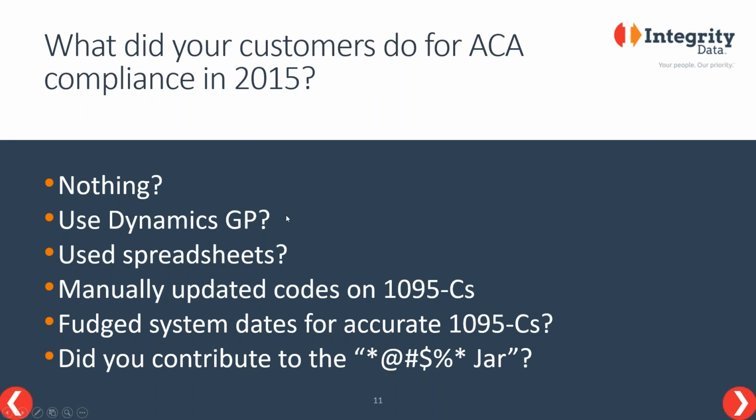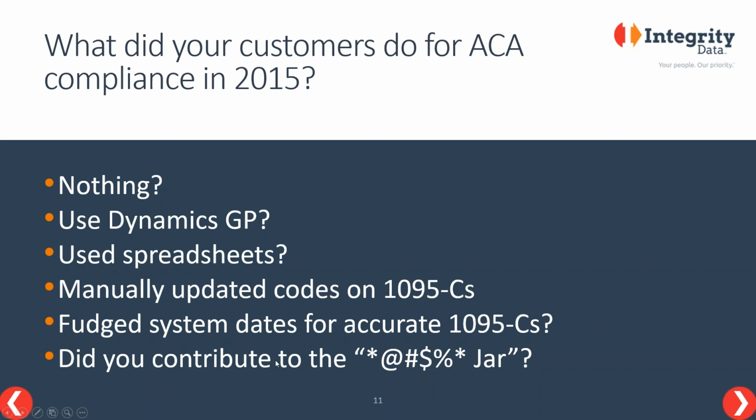Did you do nothing? Did you use Dynamics GP, have to use spreadsheets, manually update codes on 1095-Cs, those ACA codes, or enter them in for every employee for every month, or try to keep track of them? Did you have to manually interact with each individual employee as it relates to ACA compliance? Did you have to mess with system dates in the system to get an accurate 1095-C?